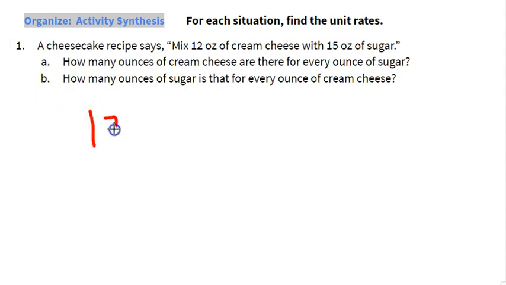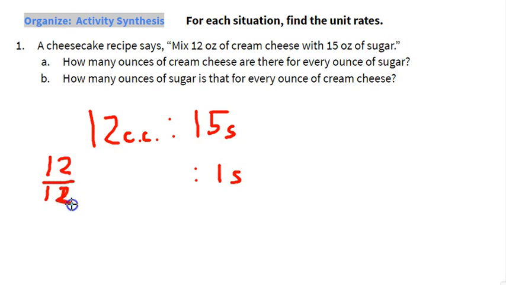Well, we know that there's 12 ounces of cream cheese for each 15 ounces of sugar, right? First one wants to know how many ounces of cream cheese are there for every 1 ounce of sugar. So we have to take the 12 and divide it by 15, right?